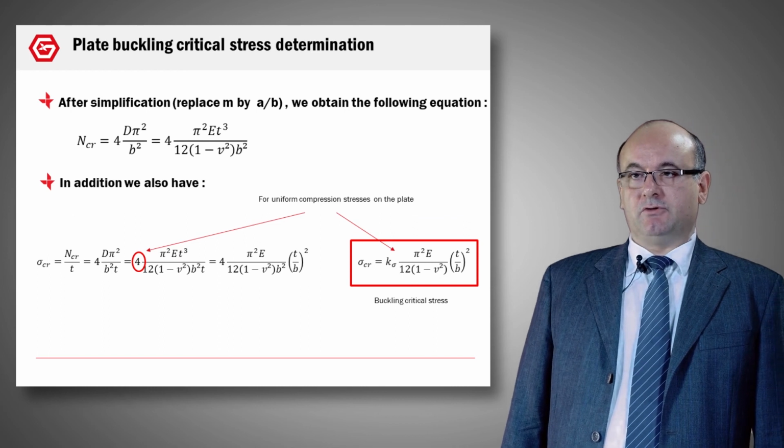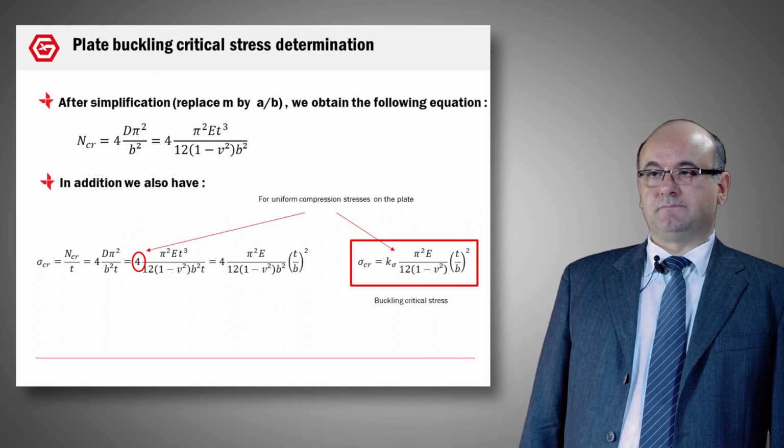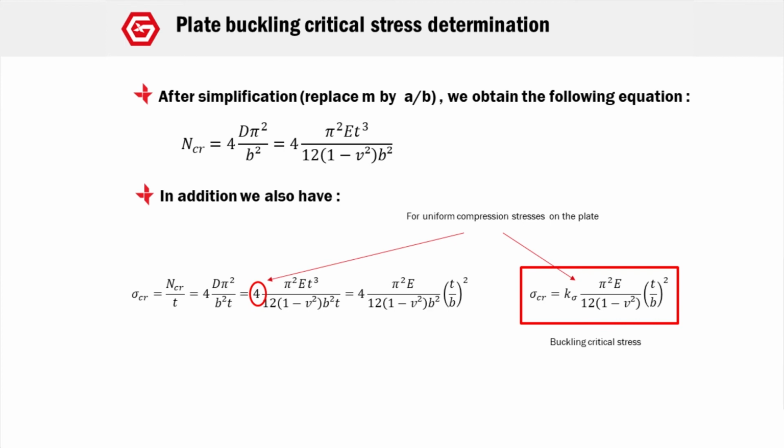It's a famous equation well known by the engineer. One important point: when we make the calculation, we obtain 4. You can see this at the beginning of the formula. In the Eurocode, this coefficient is generalized and replaced by k sigma, and k sigma will take the value 4 when the plate is uniformly loaded.